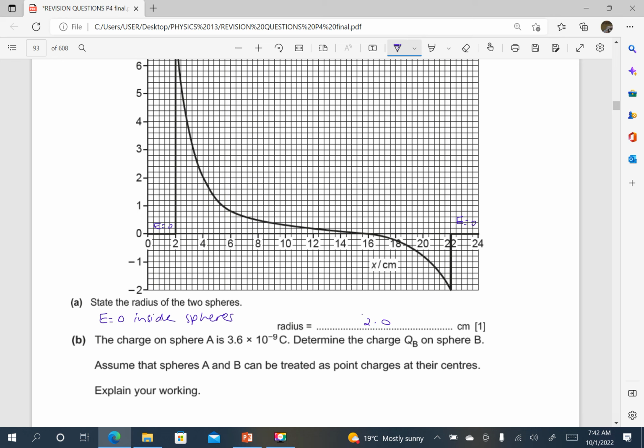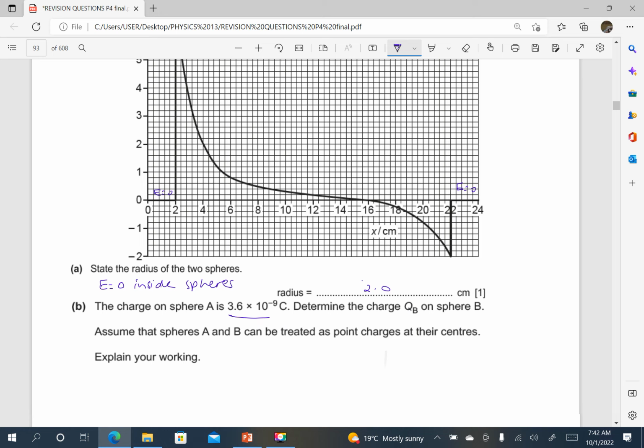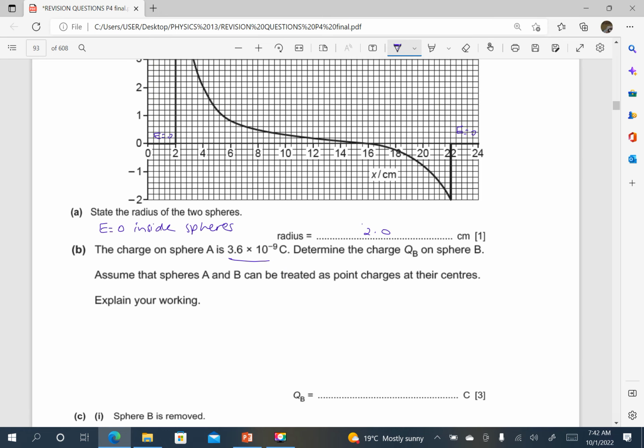Then number 2, the charge on the sphere A is 3.6 times 10 power negative 19. Determine the charge QB on sphere B. Assume that the spheres A and B can be treated as point charges at their centers. Explain your work. So we can use a point where the graph crosses the x-axis.